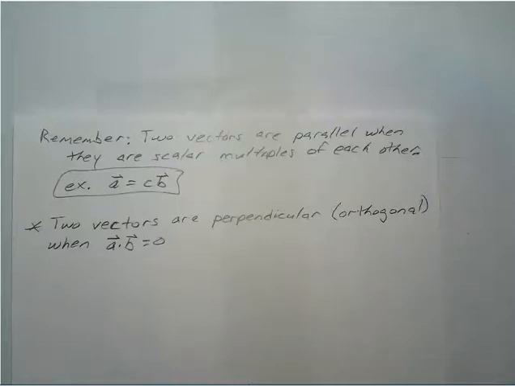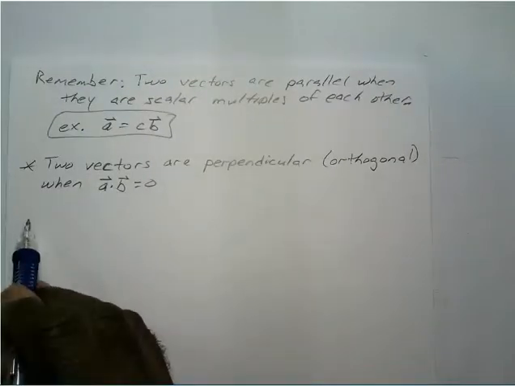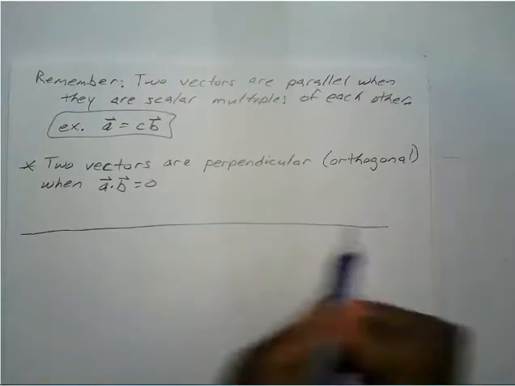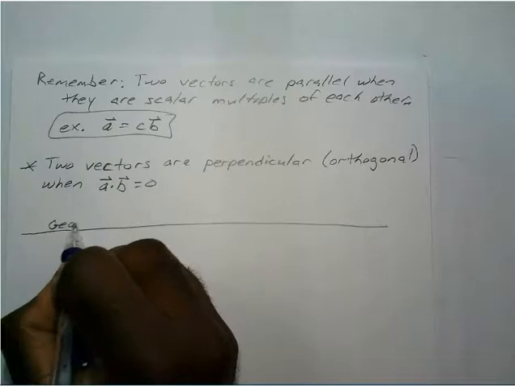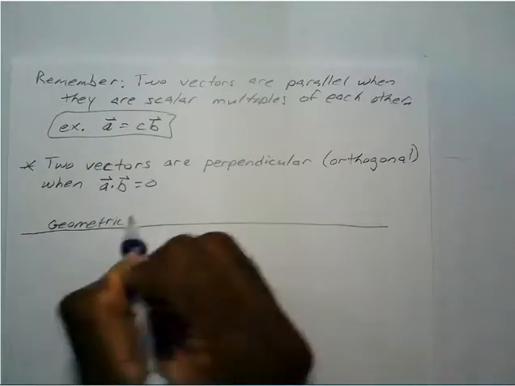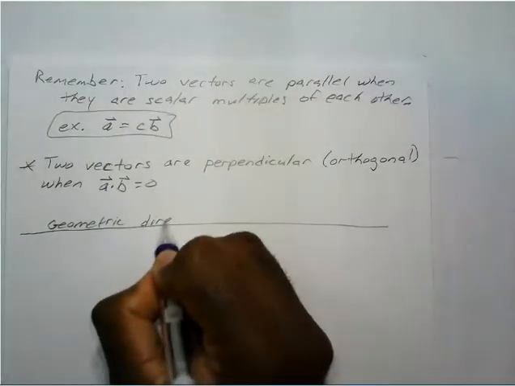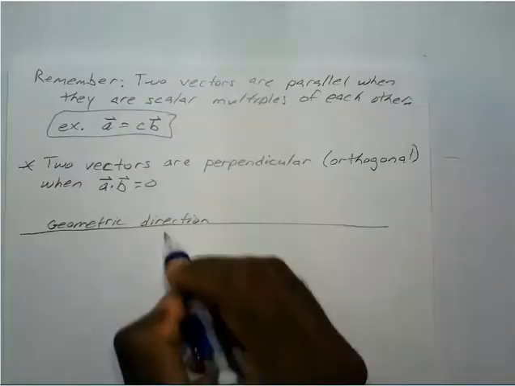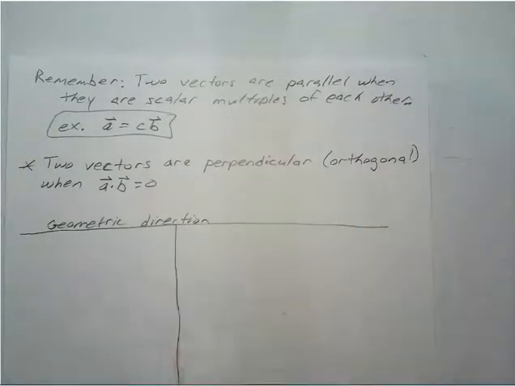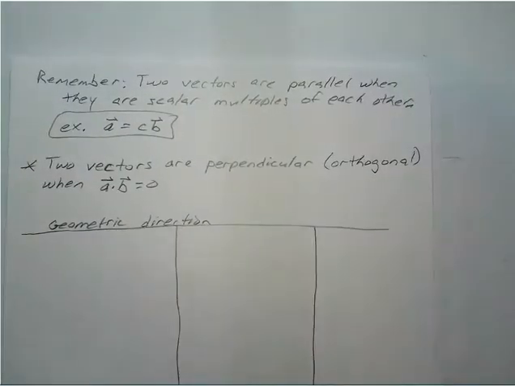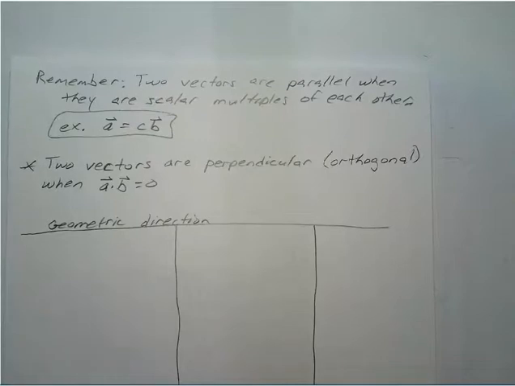All right, so we're going to use that to lead us into describing the geometric direction of these angles. All right, so geometric direction. I'm just going to create little separation boxes there.